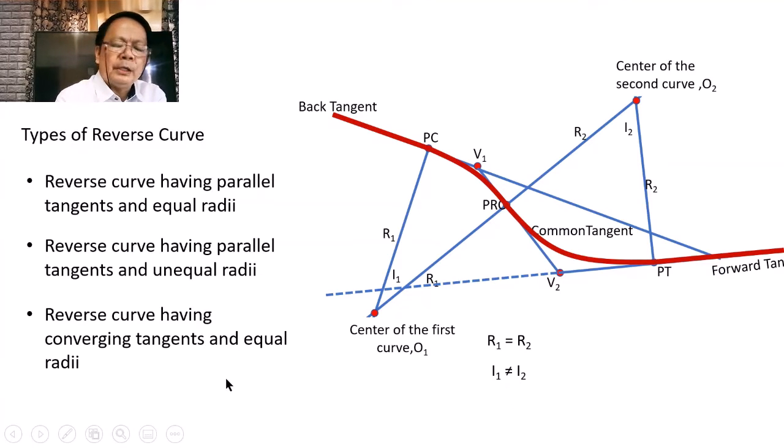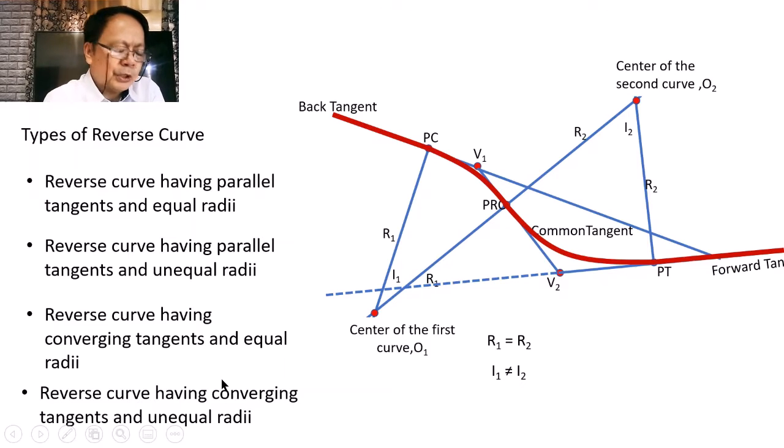And the fourth one is when you have a reverse curvature having converging tangent and unequal radii. So again, if we shall be moving this PRC either closer to V sub 1 or V sub 2, what will happen is that R1 will not become equal to R sub 2. Somehow, we may find that R1 will be larger than R2 or R2 larger than R sub 1.